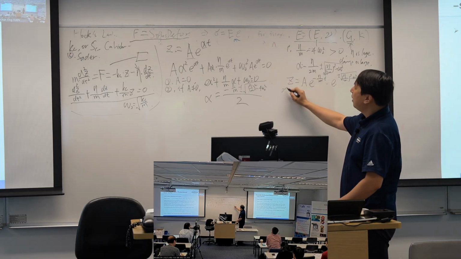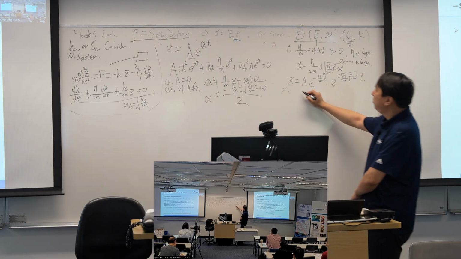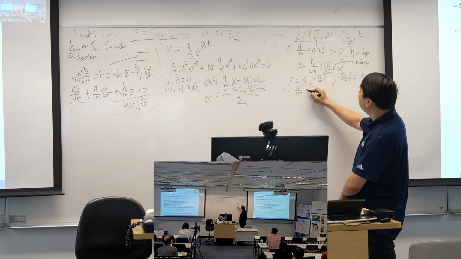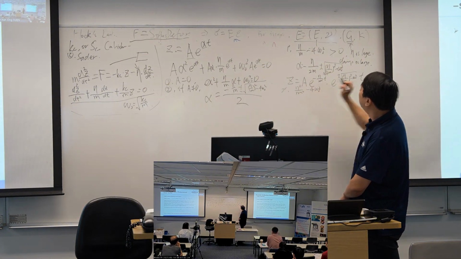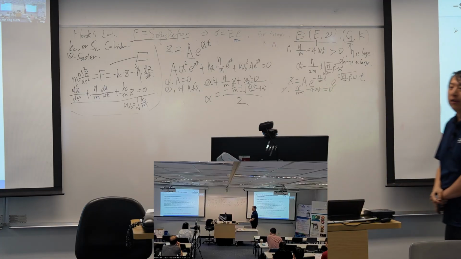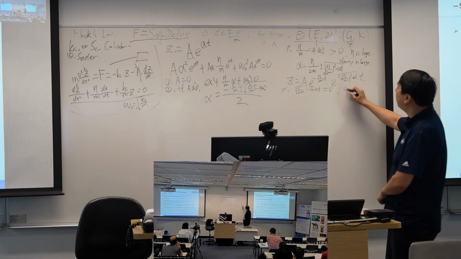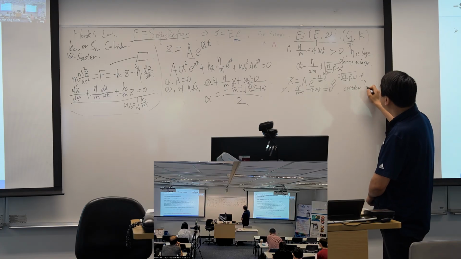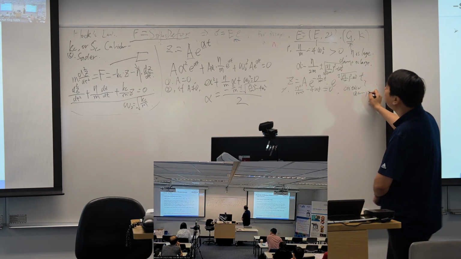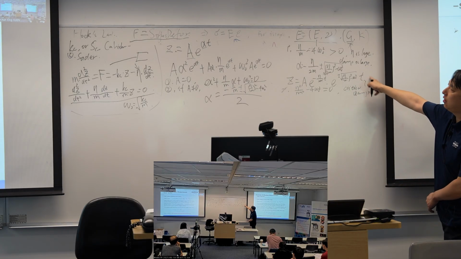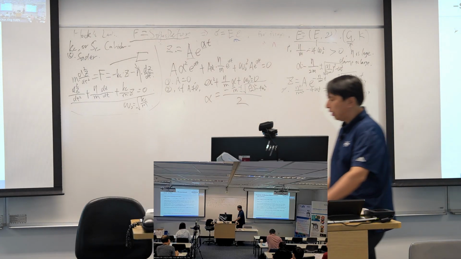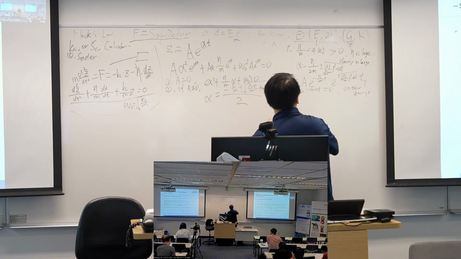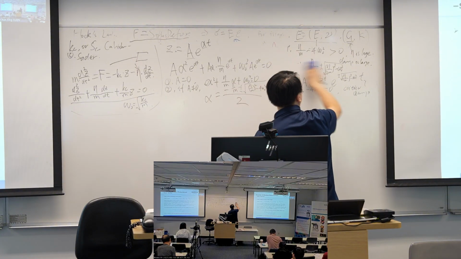Okay, the second is the same. If we have (eta over m) squared minus 4 omega 0 squared equals 0, we know it's the critical damping. It's the same result as this one, okay? And the last one we want to discuss, I just write this down.